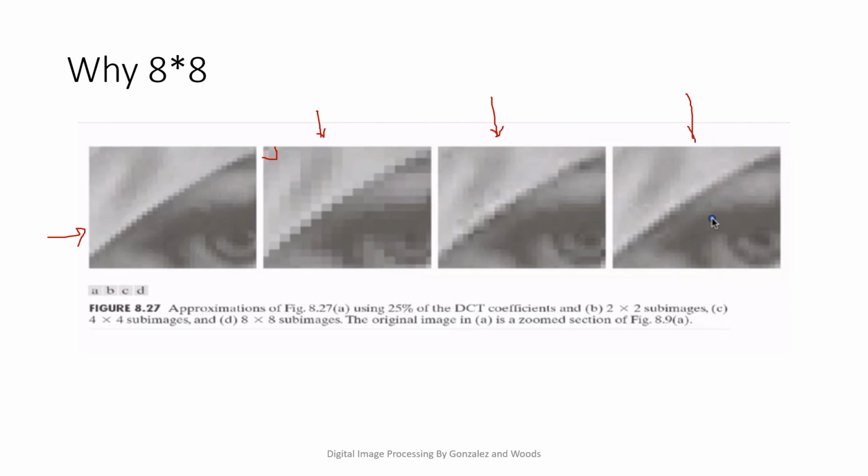After that they tried 8 by 8, and it is found that this particular output is closer to the original input. So 8 by 8 is a good number to get good image quality and to reconstruct the image properly. That's why we are taking 8 by 8.